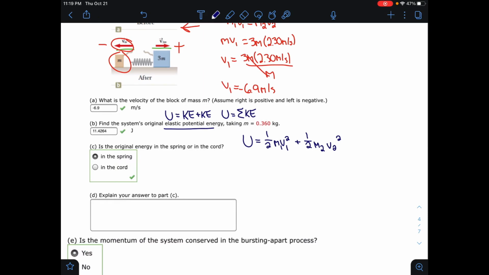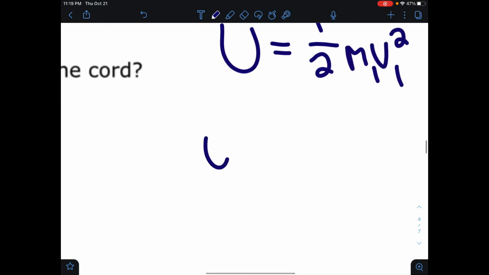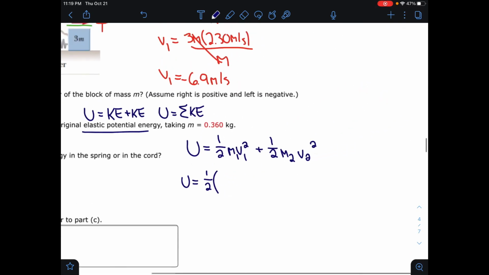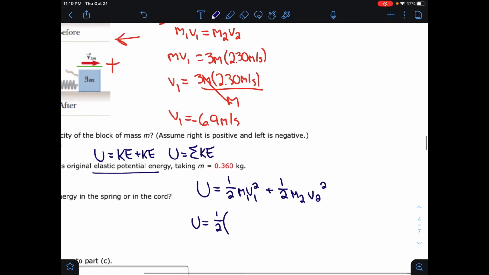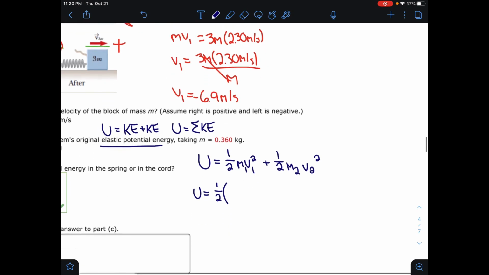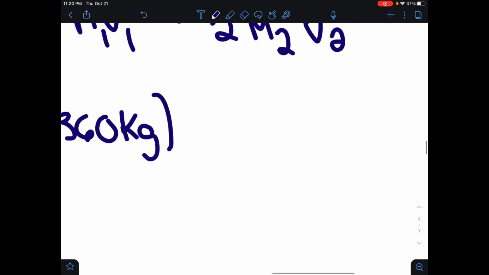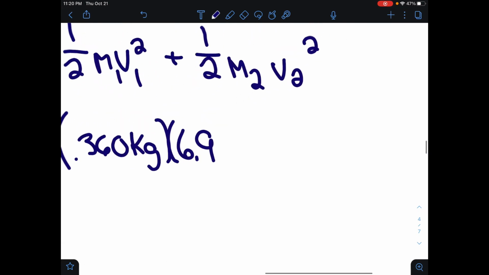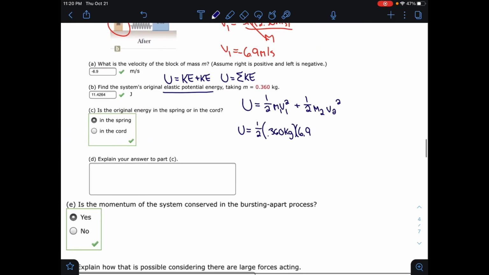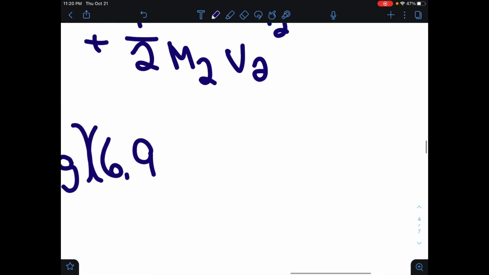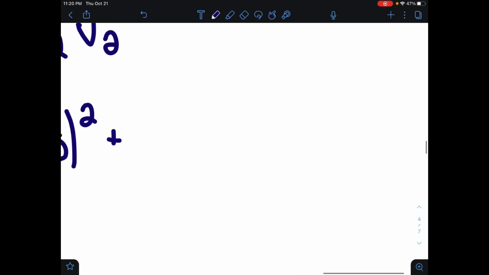U is equal to 1/2 times 0.36 kilograms, which is our m1 mass, just m, times its velocity, which we just solved for, 6.9, and we do not include the negative here, squared, plus the kinetic energy of the other block.